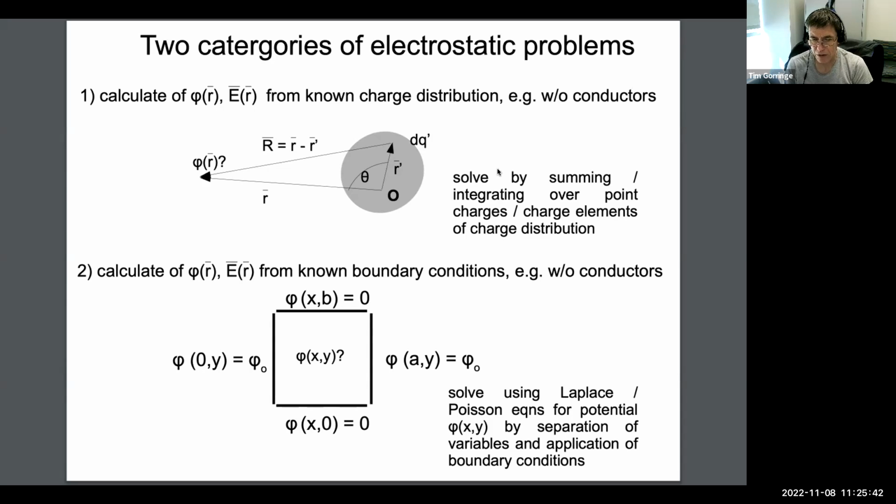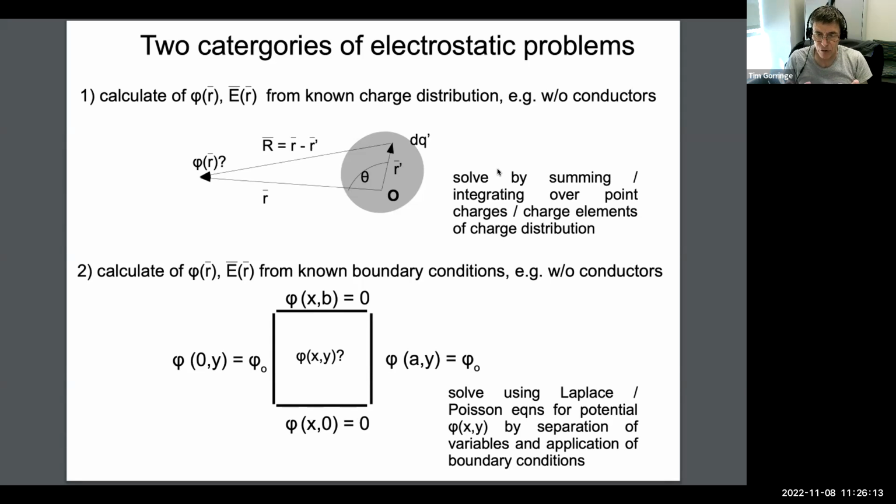One class of problem in electrostatics, I'm going to call it the easy class, is where you want to figure out the electrical potential or electrical field, and you know the charge distribution. In that class of problem, the solution is simply one of either addition or integration.